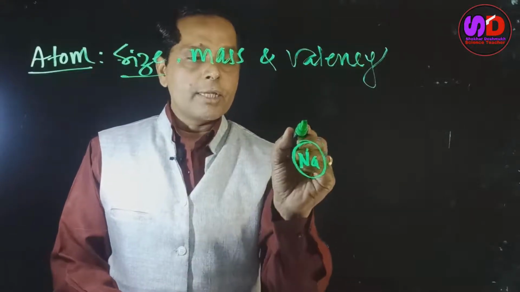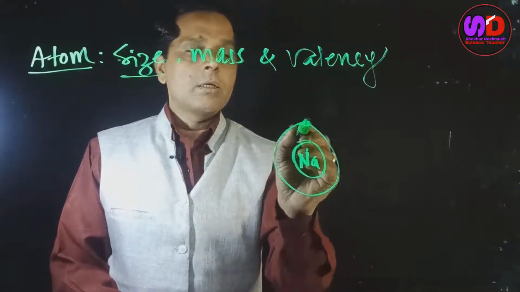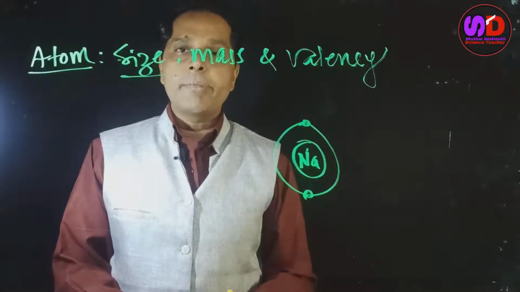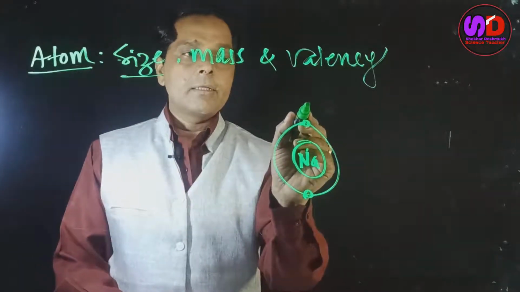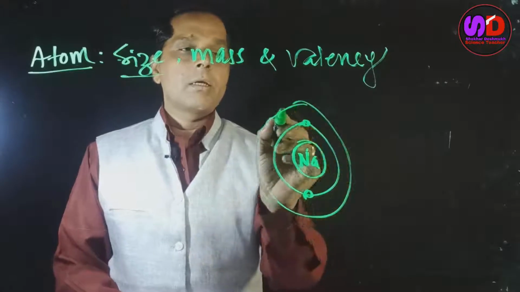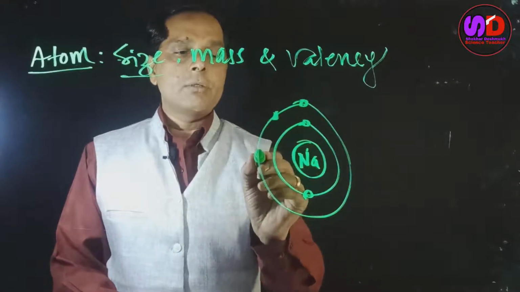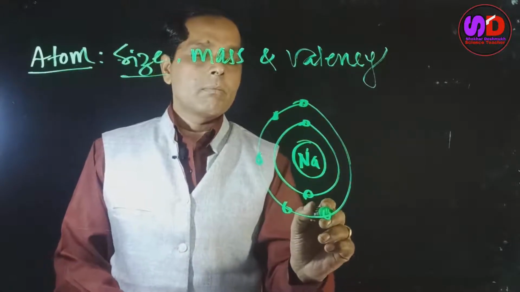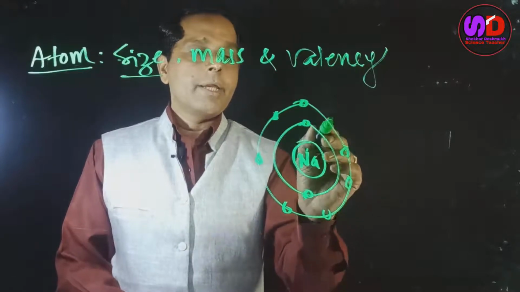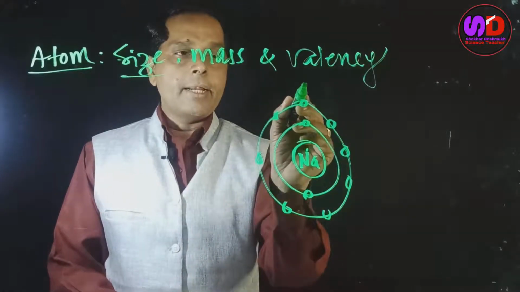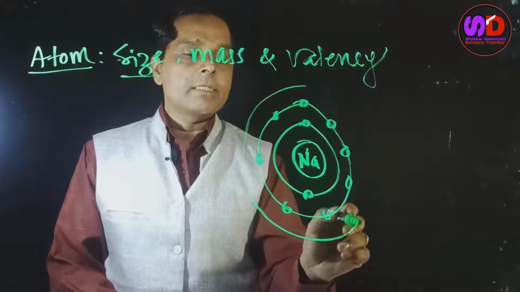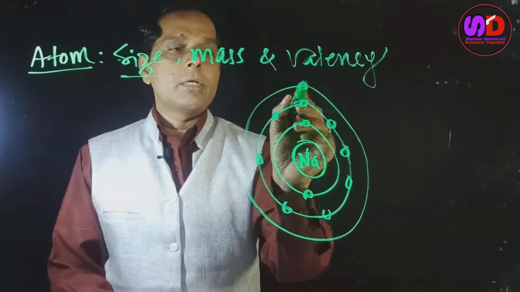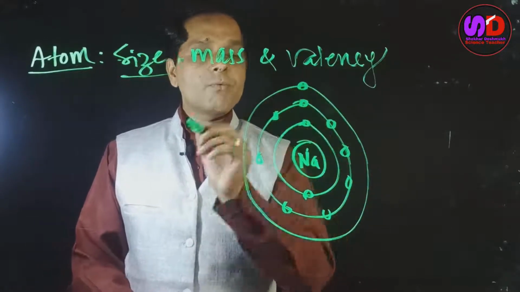This is the nucleus. In the first orbit 2 electrons are present, in the second orbit 8 electrons are present, and in the outermost orbit, the third orbit, sodium has 1 electron.